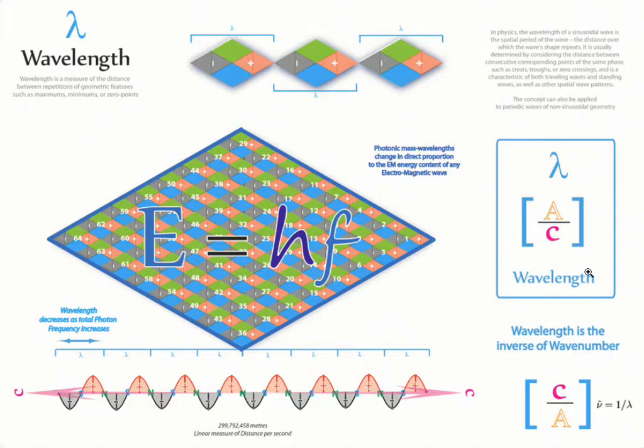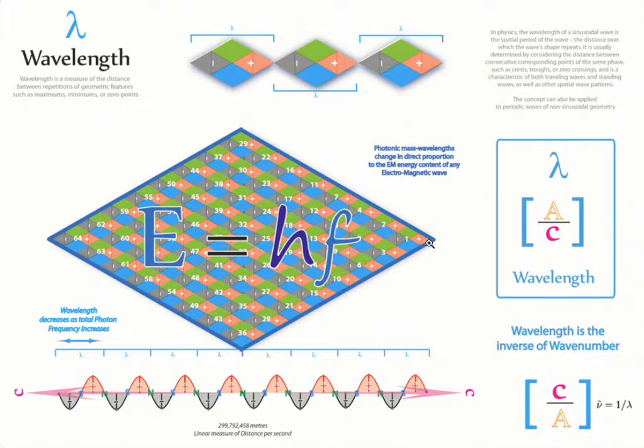Tetryonics shows this through the equilateral geometry using alpha, which stands for quantized angular momentum, or the equilateral geometry, per linear c, with wavelength being a linear measurement, hence the name wavelength.